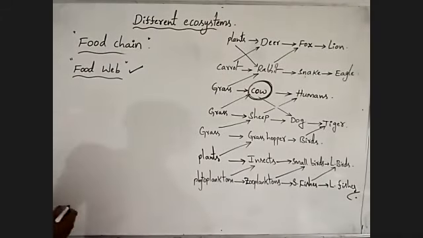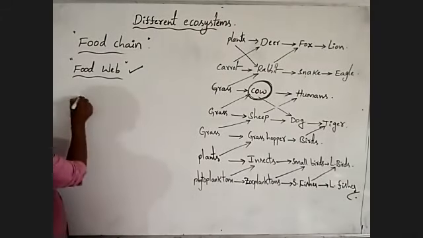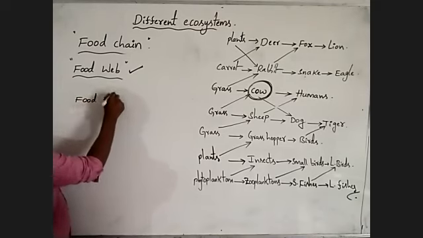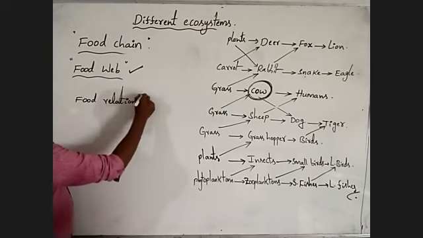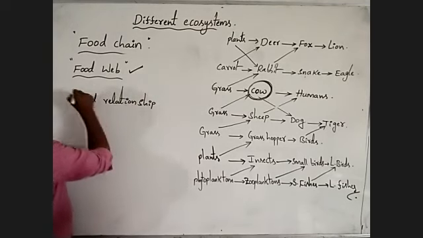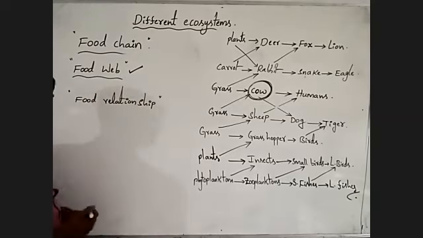Food chain and food web show food relationship between the trophic levels. This is important.